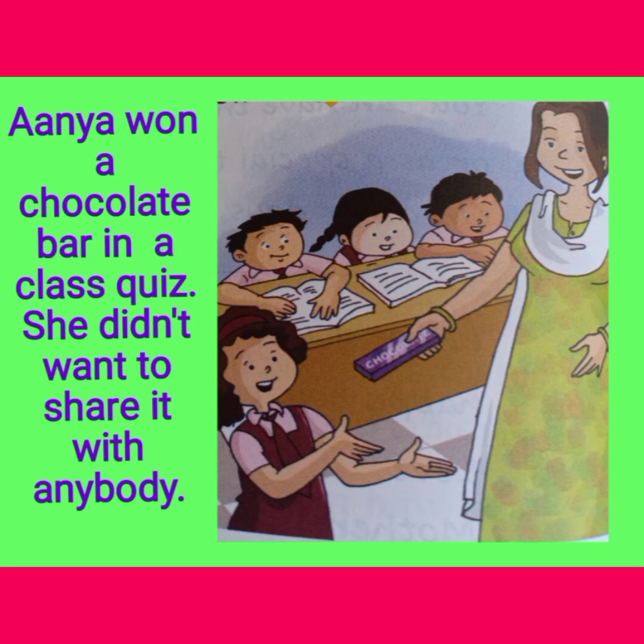Okay. Now see, I'll explain each and every para to you. Anya won a chocolate bar in a class quiz. She did not want to share it with anybody. So now the little girl's name is Anya.